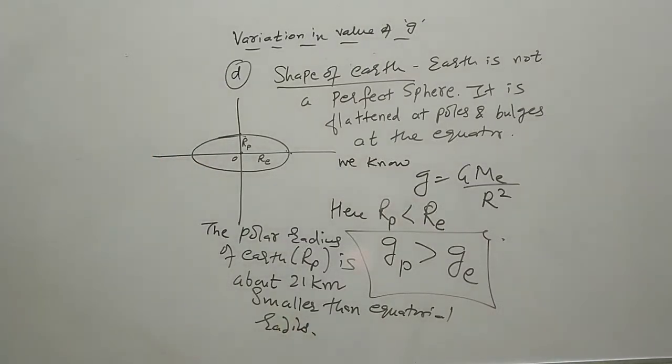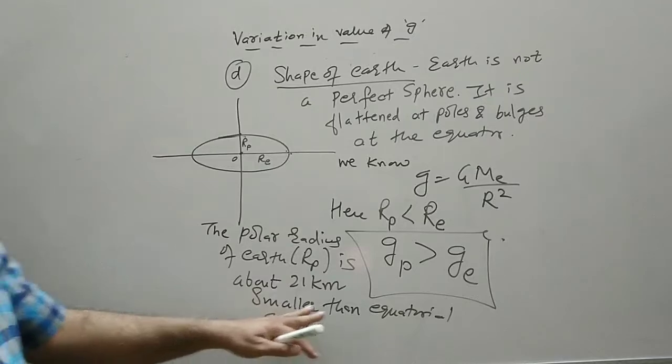So the polar radius of the Earth is smaller than the equatorial radius by 21 kilometers.